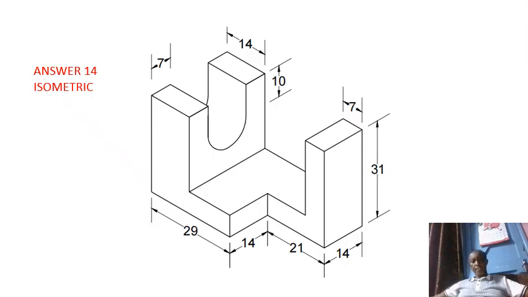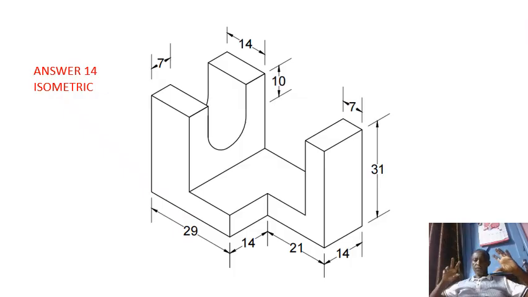As usual, you just start with the baseline. You do an isometric angle, and you can either use the box method where you measure the total height, total width, and total length.